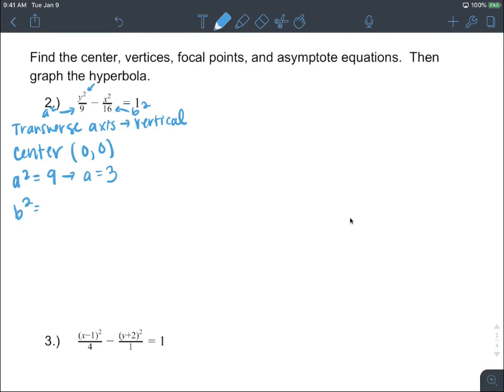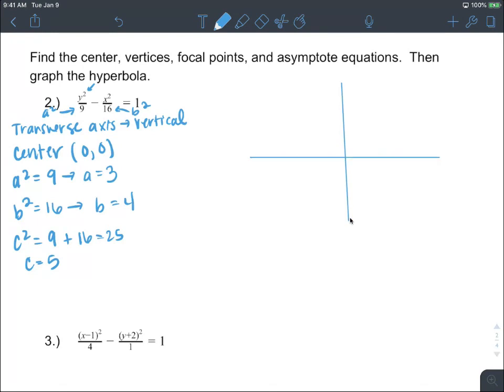And b squared is equal to 16, so b is equal to 4. I'm going to go ahead and get my c squared since I know my a and my b. 9 plus 16 is 25, so c is equal to 5. And then let's get some sketching going on and we'll go from there.